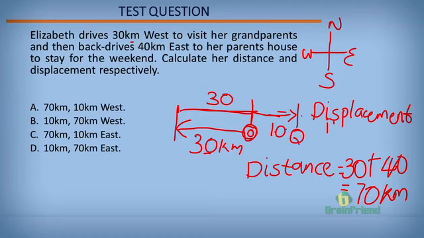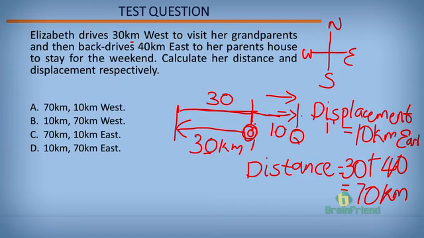This is 10 kilometers from her origin. We don't want to know if she went to her grandparents' house or came back to her parents' house, but the difference between her origin and her final destination is 10, meaning that her displacement is 10 kilometers to the east, because this is the final position and this is her original position. So her displacement is 10 kilometers to the east.